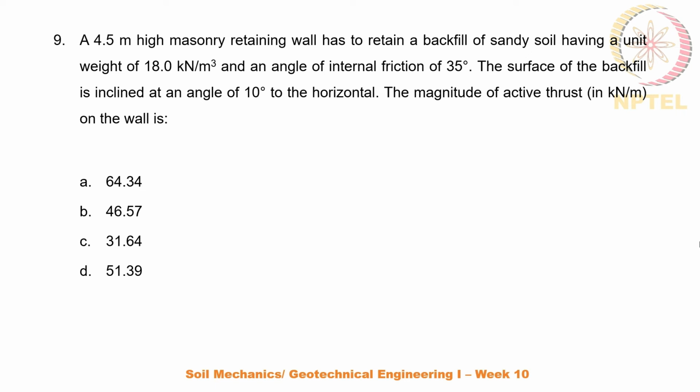The surface of the backfill is inclined at an angle of 10 degree to the horizontal. We can see that the sample given is exactly the same as the previous problem. There we were asked to find out the coefficient of active earth pressure. Here we are asked to determine the magnitude of active thrust in kilonewton per meter on the wall.